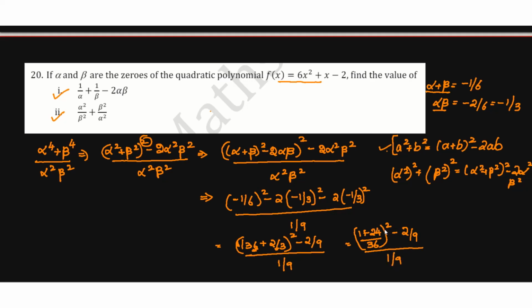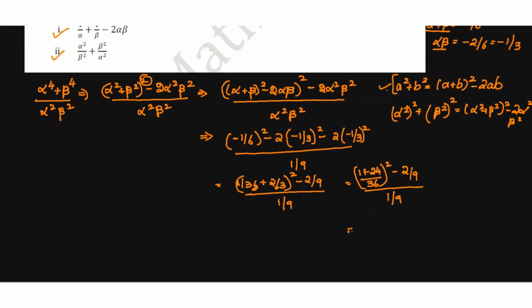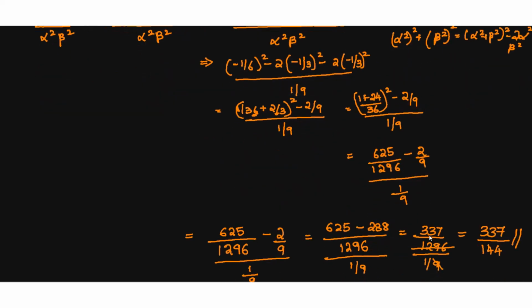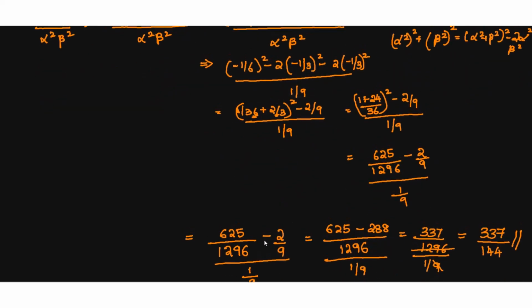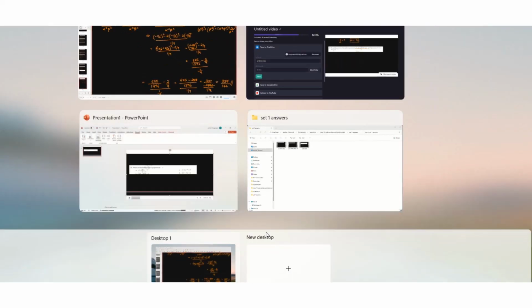So the square of 25 is 625. So it's 625 by 1296, which is the square of 36, minus 2 by 9 by 1 by 9. LCM for 1296 and 9 is 1296 again.